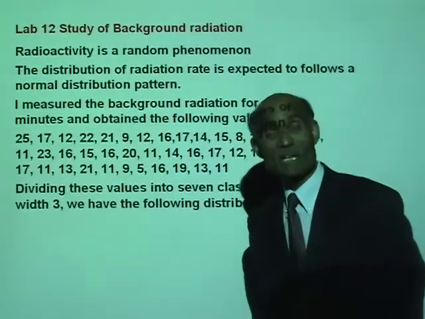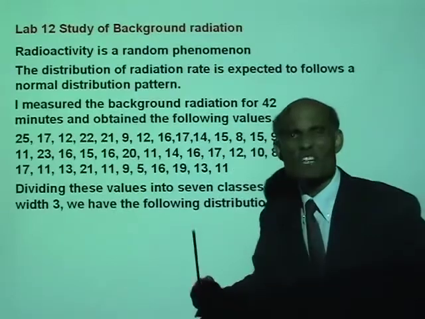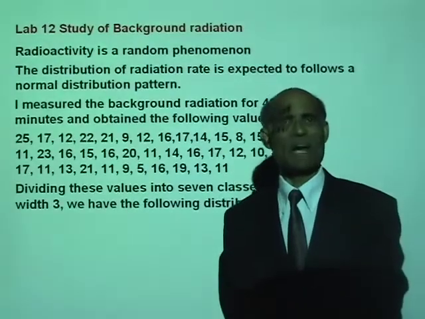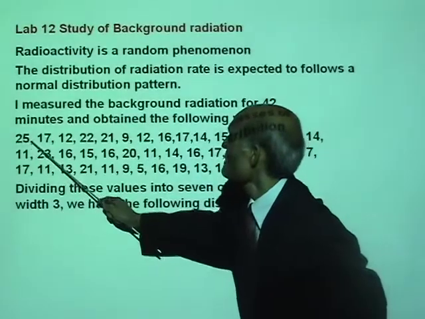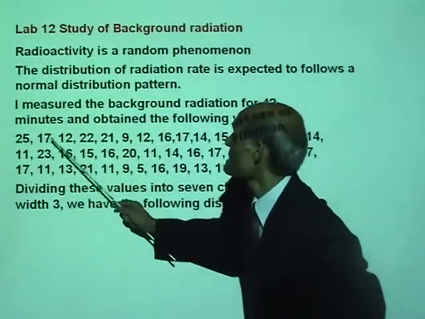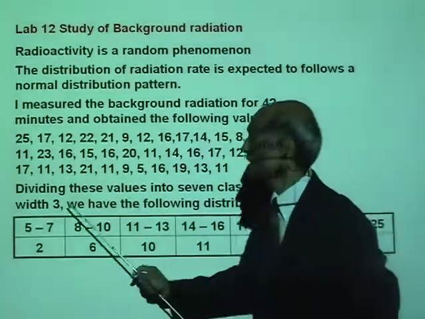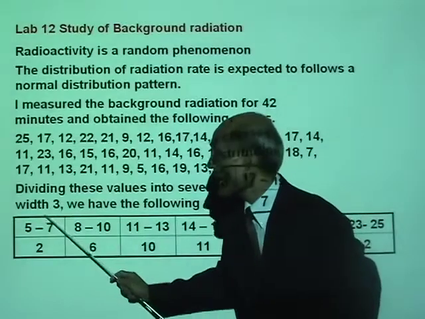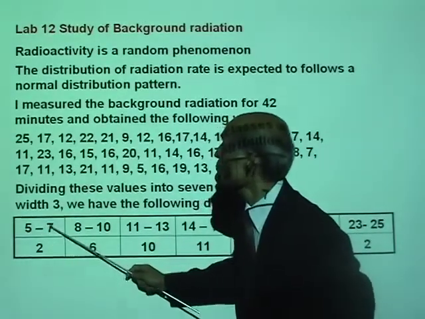You know what I did? I divided these values into 7 classes. What does that mean? If you look at these numbers, there are numbers greater than 20, numbers between 15 and 20 and so on. So what I did is I counted how many numbers are from 5 to 7.